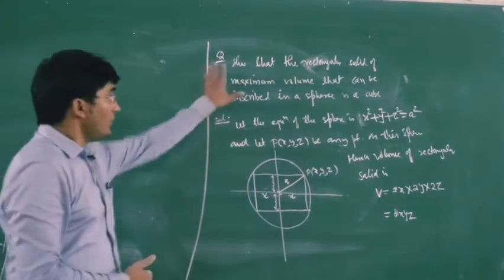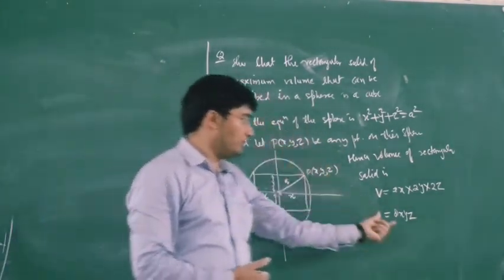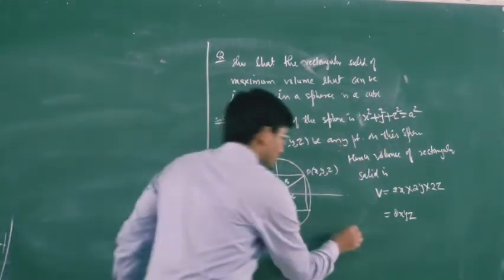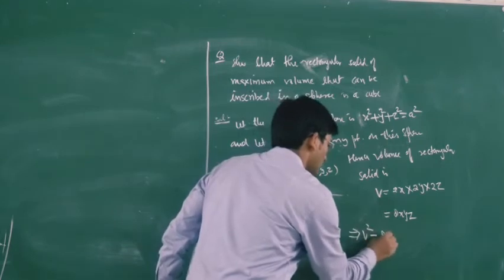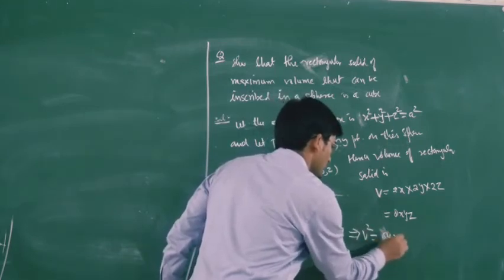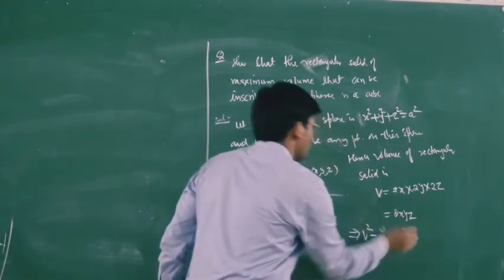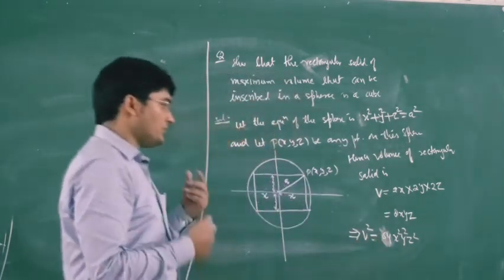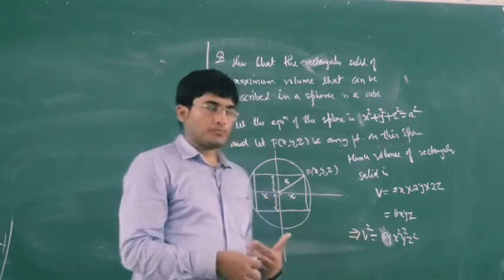Now we have to maximize our volume for this given condition. So our V square will be 64 x square y square z square. Let us put the value of z square from here in this equation and assume V square as u.